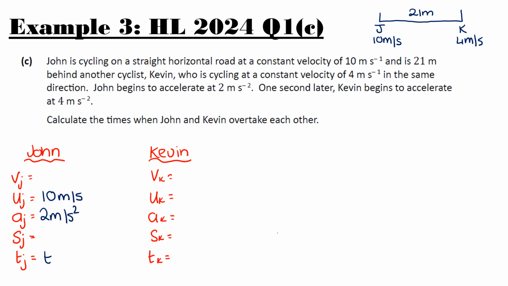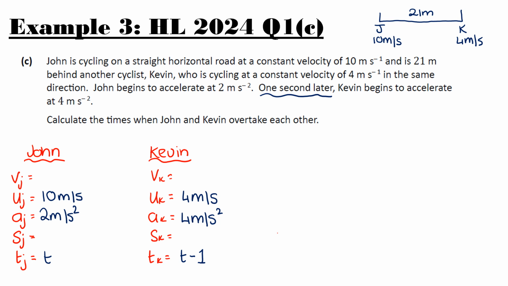For Kevin, he was at 4 meters per second to begin with. He was accelerating at 4 meters per second squared, and he starts 1 second later. So he spends 1 second less accelerating than John spent.